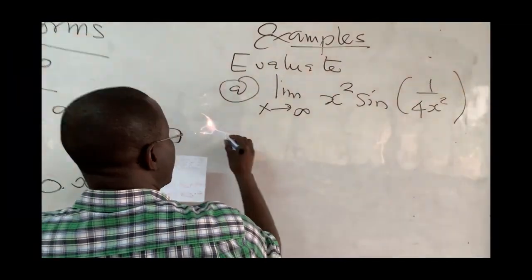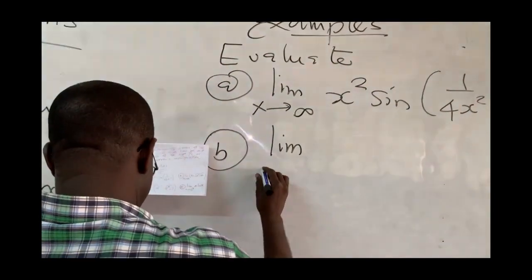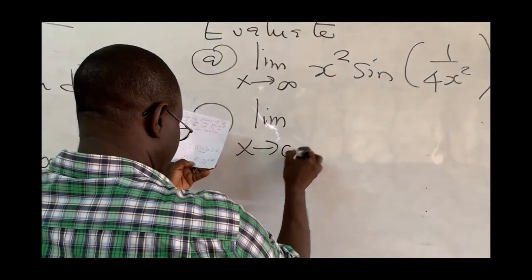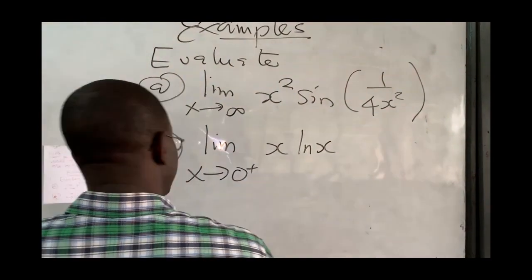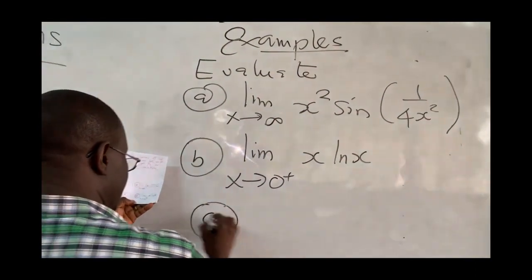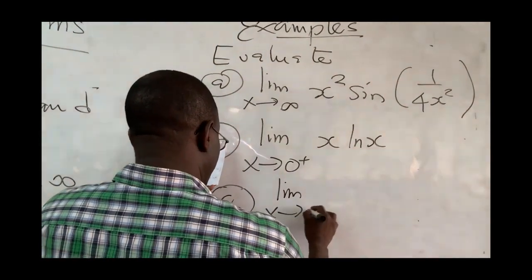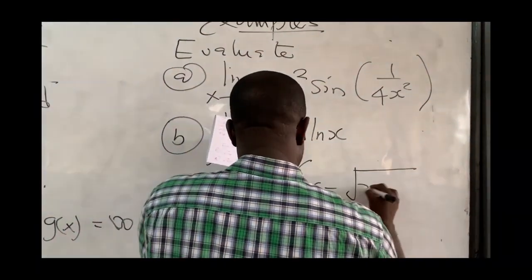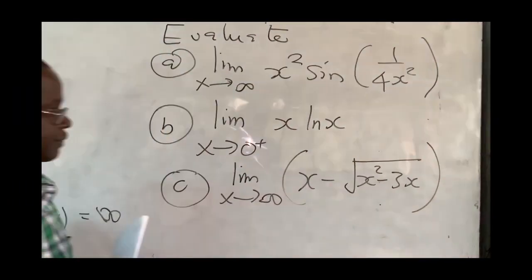B, the limit as x goes to 0 plus of x ln x. C, let's try this one: the limit as x goes to infinity of x minus the square root of x squared minus 3x.